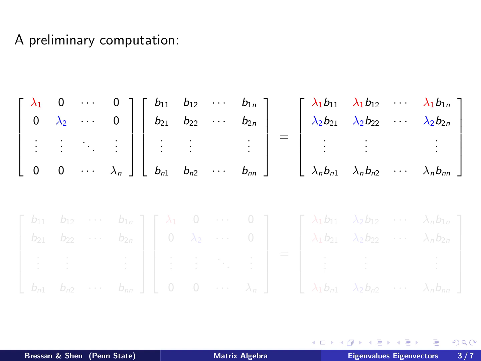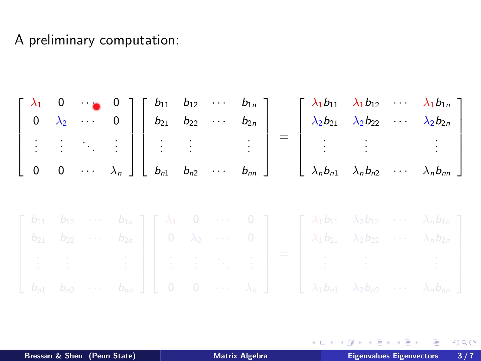Now, if you multiply a diagonal matrix with just a normal matrix, let's say the diagonal elements are lambda 1, lambda 2, and so on, all the way to lambda n, what happens to the product? Well, the product is the following.